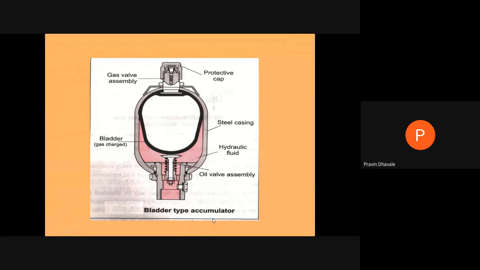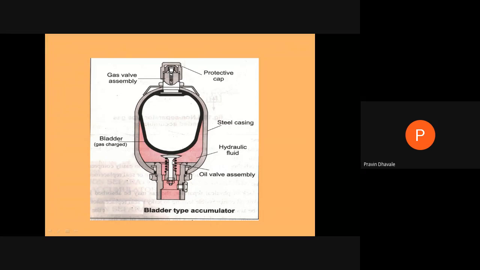Whenever we have to supply pressurized fluid to the actuator, the fluid passes to the actuator and the bladder expands. Initially it is compressed when we supply fluid from the pump, and because of the compression of the pressurized gas, the bladder imparts a certain pressure on the fluid.